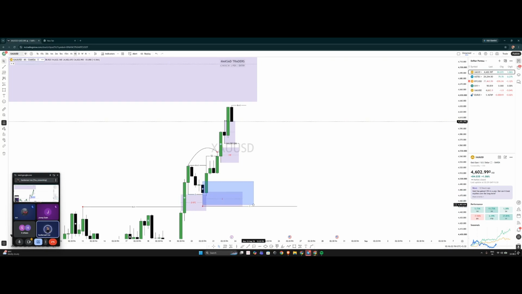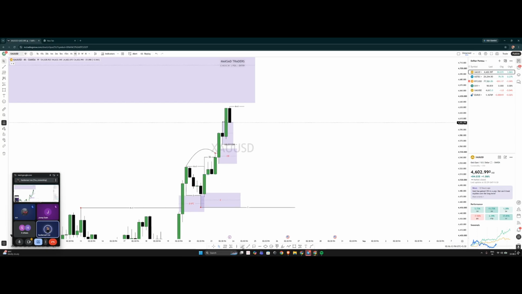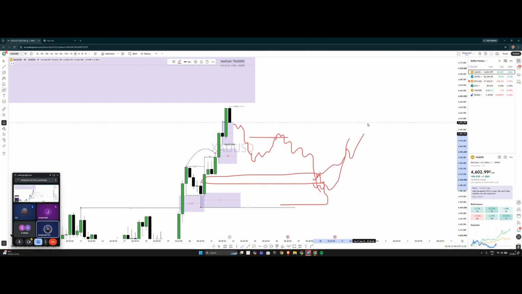So we have this entire zone as an order block, and this area as a fair value gap. So what can possibly happen, according to 4 hours, if the 1 hour DPOI fails? Obviously we will wait for any inducement, and then we'll sell to this area, or this area can obviously work, and then maybe from this area we'll see the bullish move.